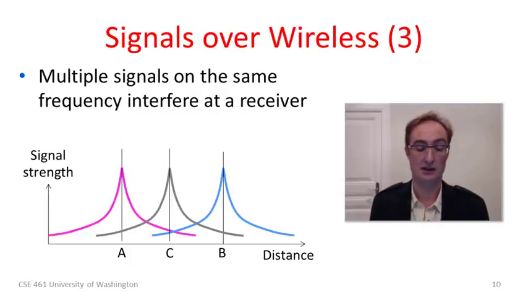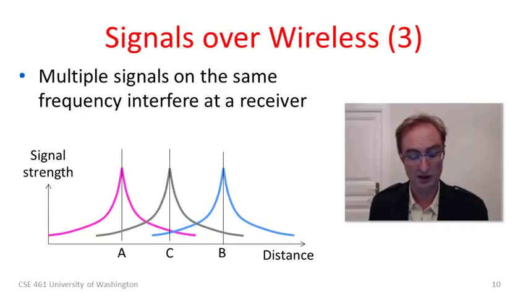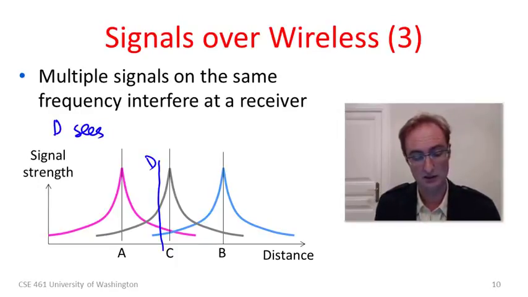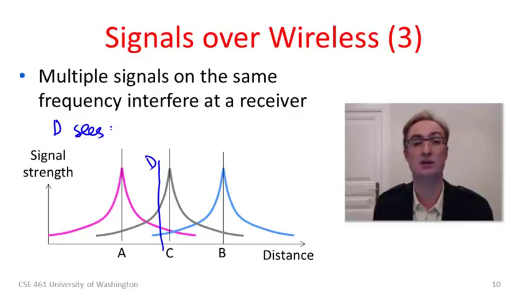Another effect is that multiple signals on the same frequency interfere when they arrive at a particular receiver. So now I've drawn 3 signals here. What happens if we try and measure the signal like here? If we have a receiver that's fairly near C, I'll call that D. What does D see? What would you think? You're actually going to see this line at a particular distance crosses 3 different signals.